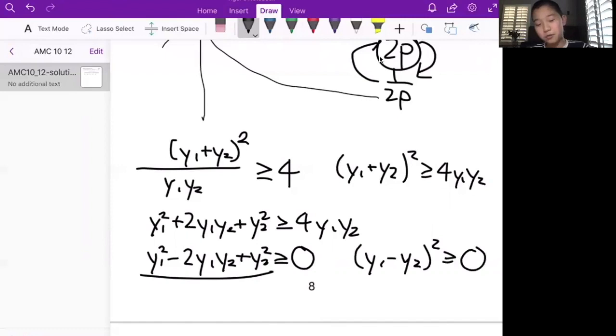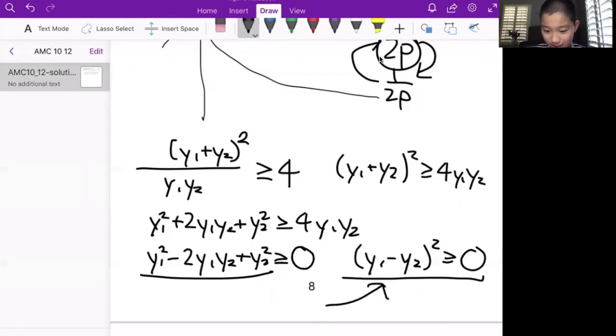So now we can see that this is the square of y1 minus y2. So we're gonna use one of the most fundamental inequalities. It says that all squares have to be greater than or equal to 0. That's quite trivial to prove, so this is true. So that means our original inequality is true. But if this was a proof contest, you need to prove this.